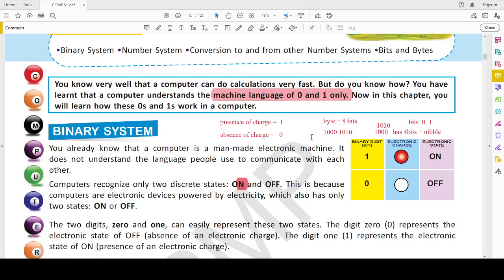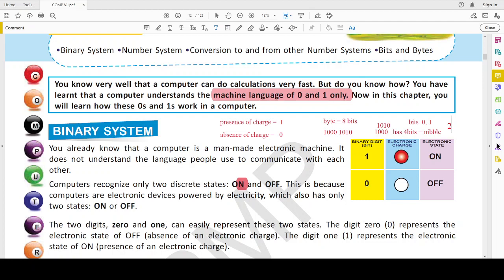Now in this representation, you can see 1000 1010 is called a byte. So how many representations can there be with 8 bits in length? There can be 256 representations. So how do I get the number 256? I got the number 256 by calculating 2 to the power 8.